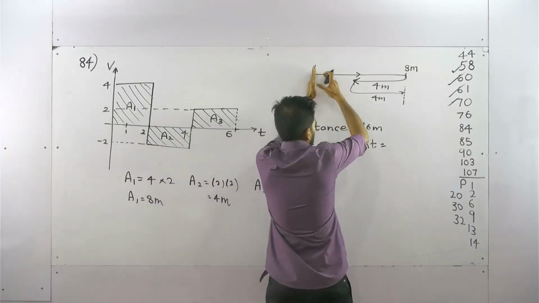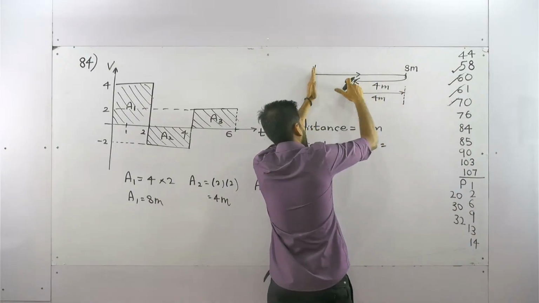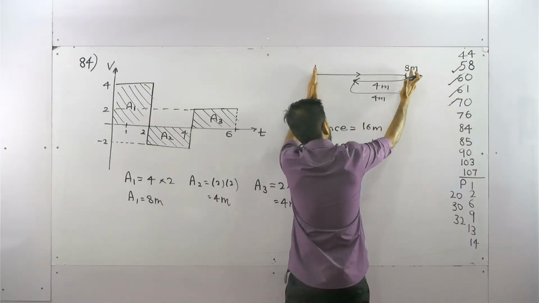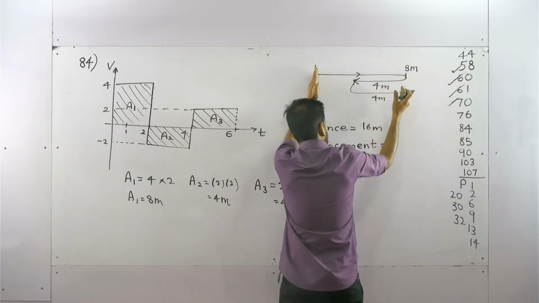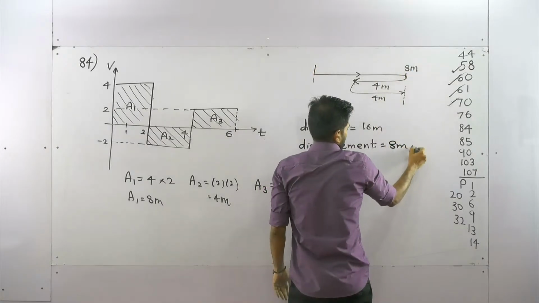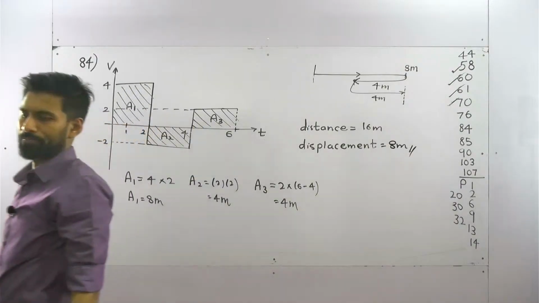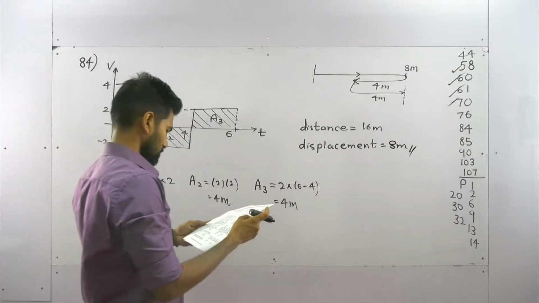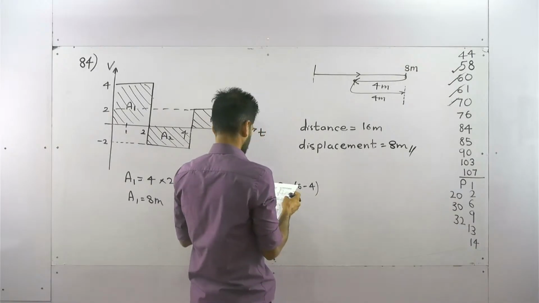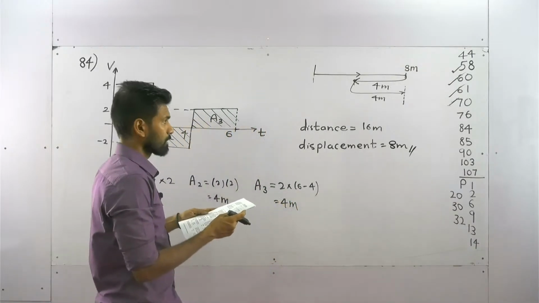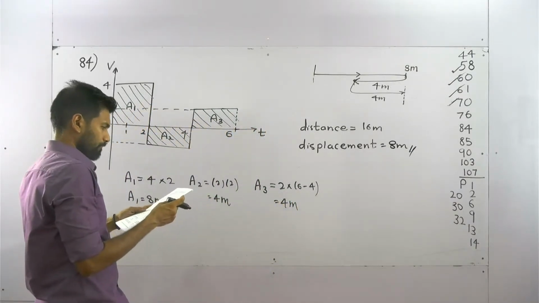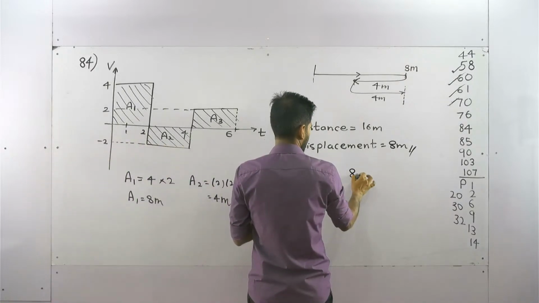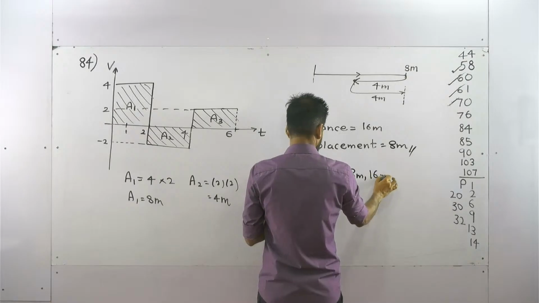From here to here it was 8, it came back another 4, but again moved 4 meters toward the initial side. So the gap between the initial and final positions is 8 meters. So the displacement is 8. So what is the answer? The displacement is 8 and the distance is 16.